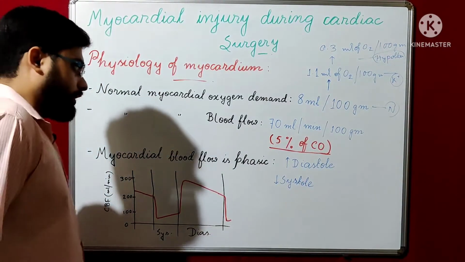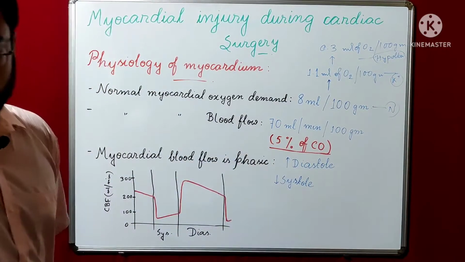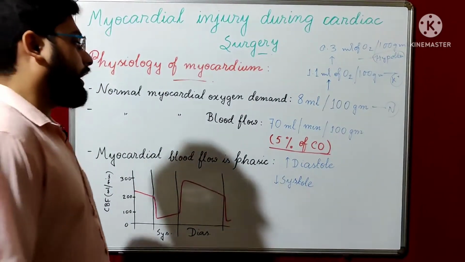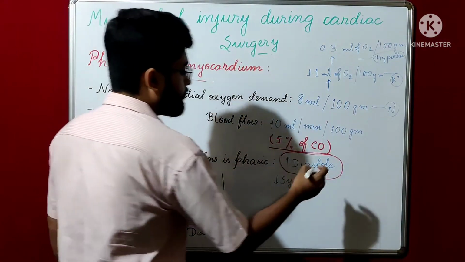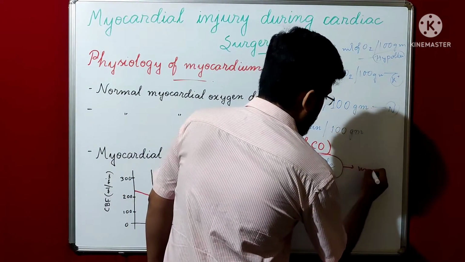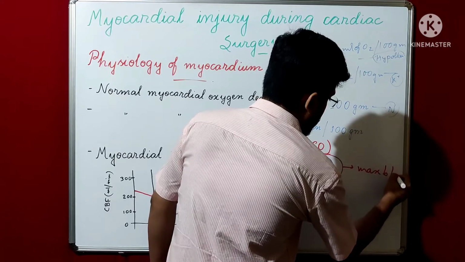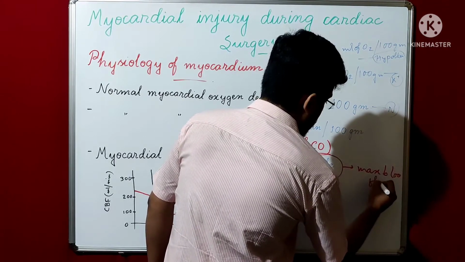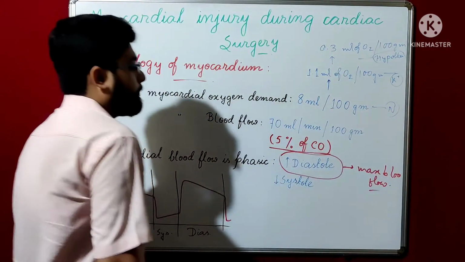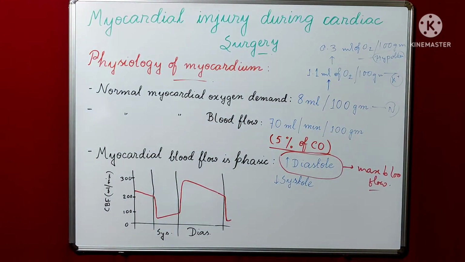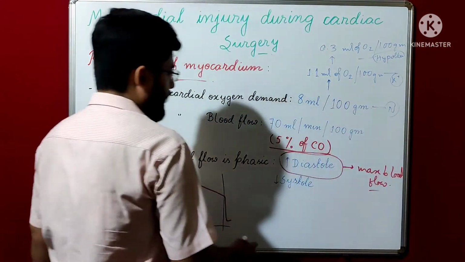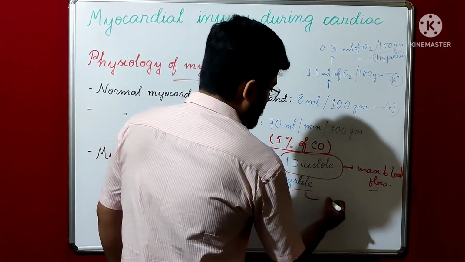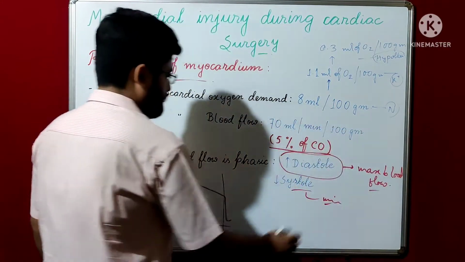That means the myocardium gets its maximum amount of blood flow during diastole, and during systole it is minimum.